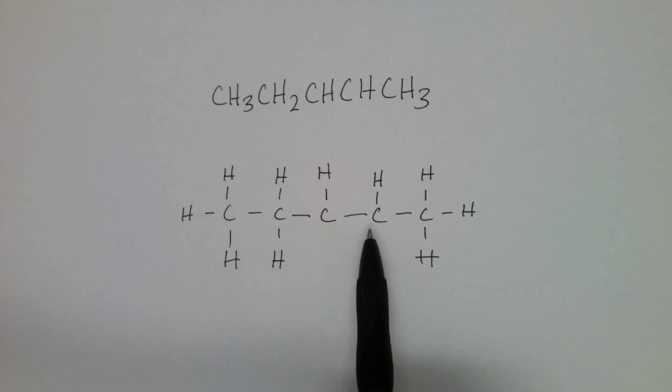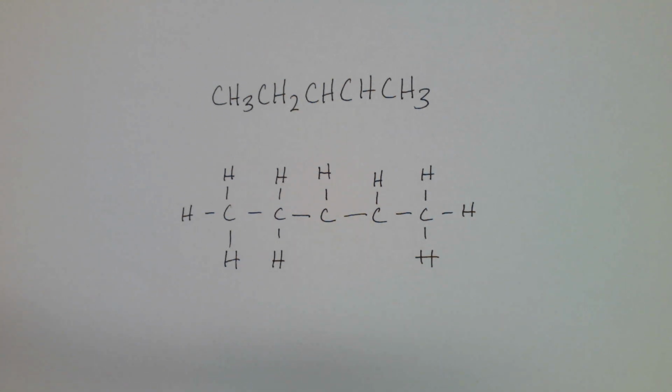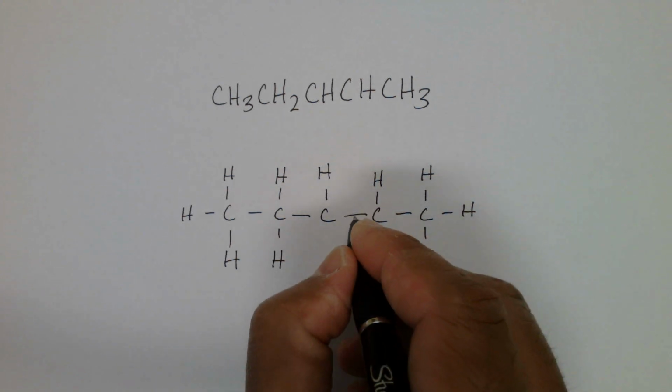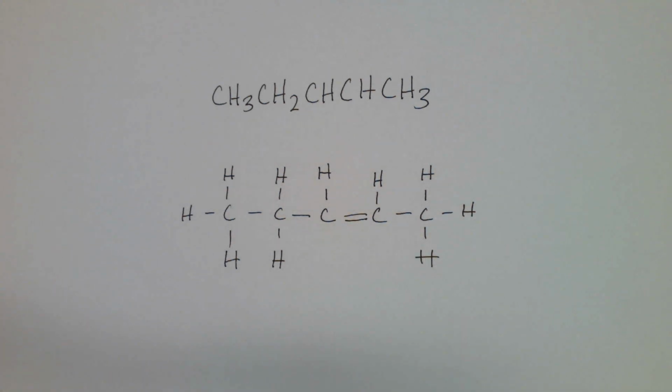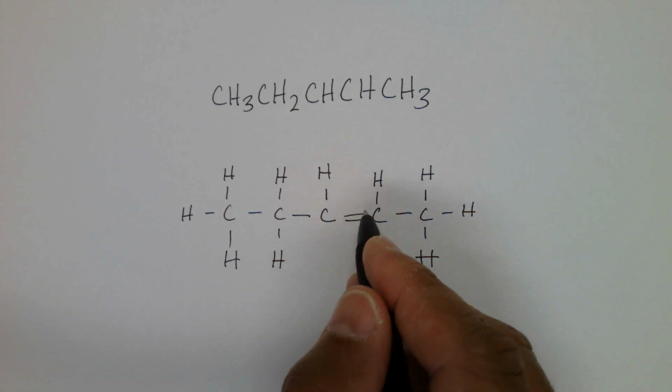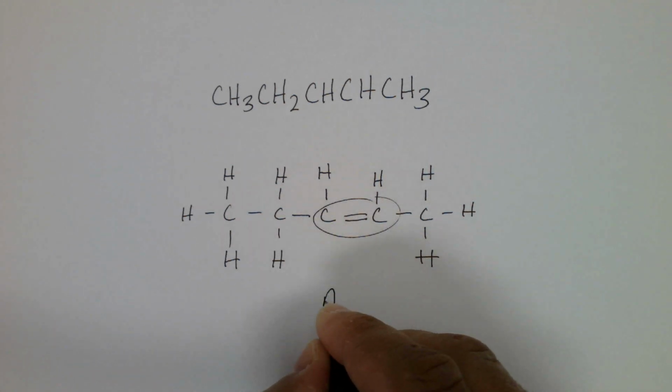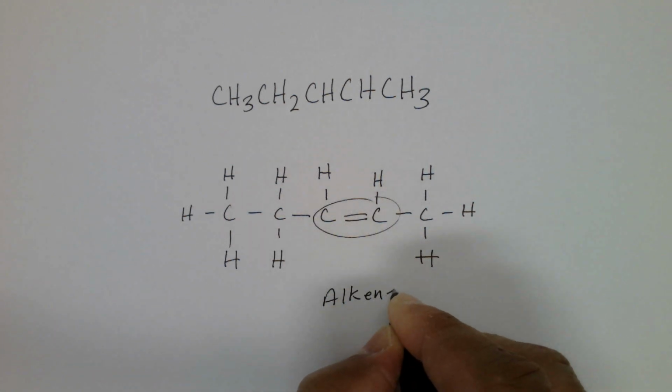Each one of these carbons only has 3 bonds. We want to give it a 4th bond. Remember, neutral carbon has 4 bonds. The simplest thing to do is just give it the double bond. So here's a carbon-carbon double bond. This is called an alkene.